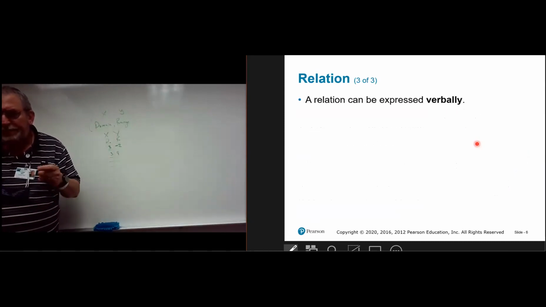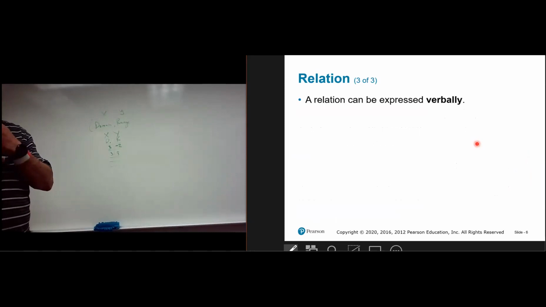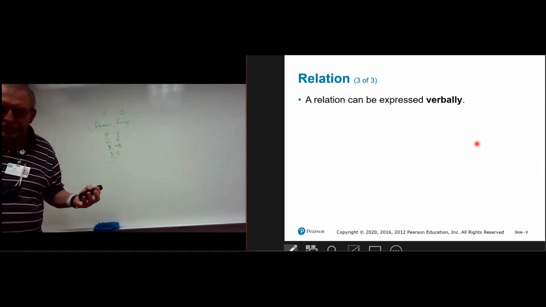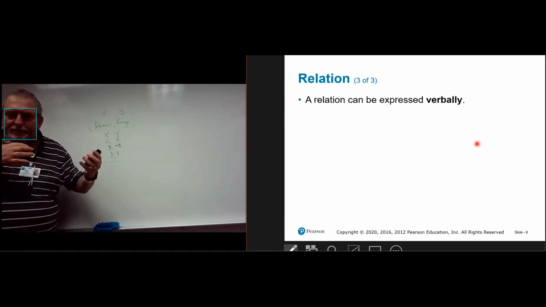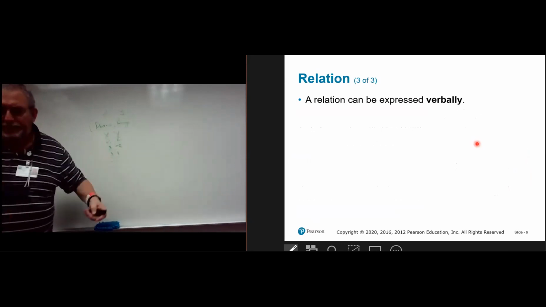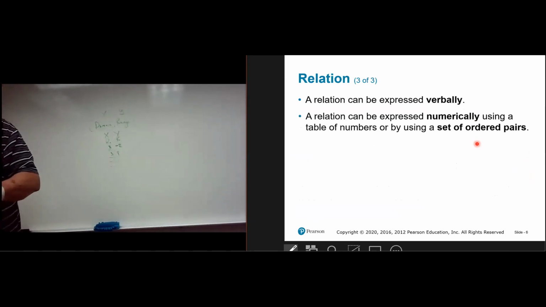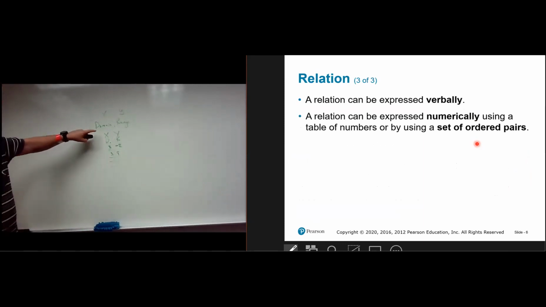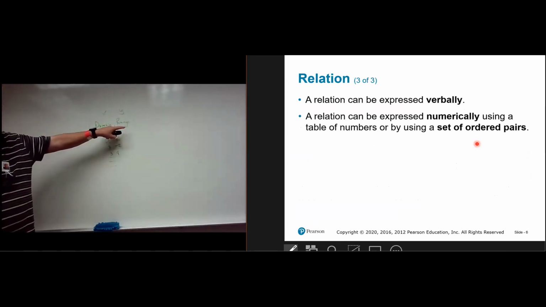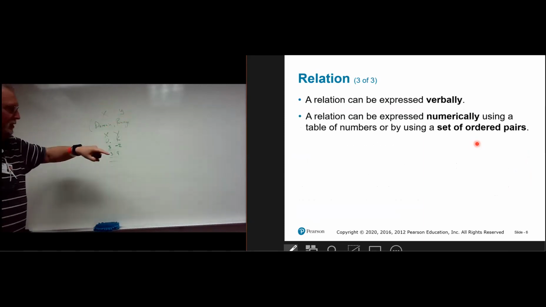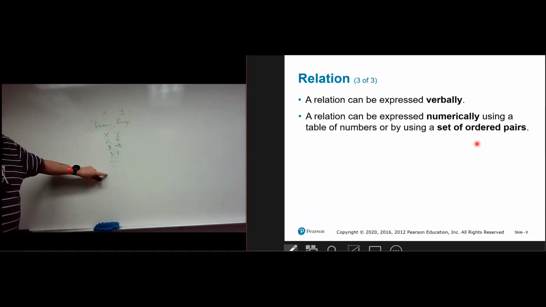A relation could be expressed verbally. That's, you tell what's going on, and you talk about how the things are related to each other. A relation could be expressed numerically. That's using ordered pairs, so you have a list of ordered pairs, or it's in a table.